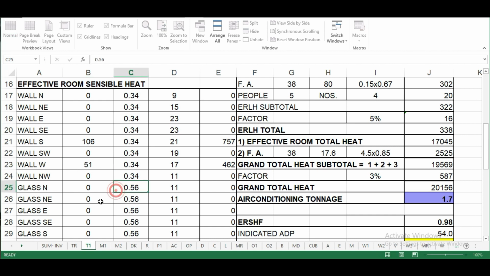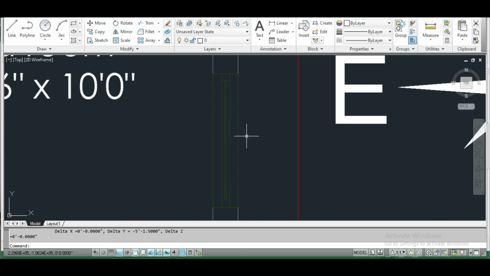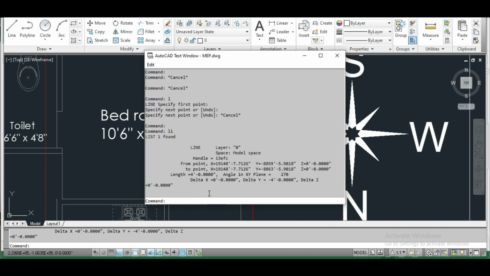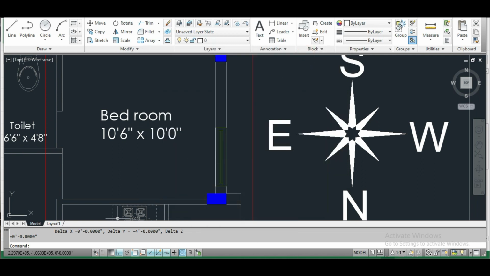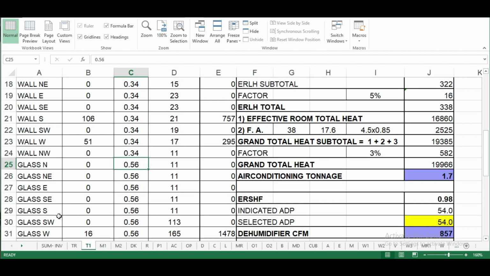Next, as you see over here, this is a glass window, and the length is 4 feet. Suppose we consider a window with a maximum of 6 feet, so it comes to 6 multiplied by 4, 24 feet. So our wall glass west side comes to 24.